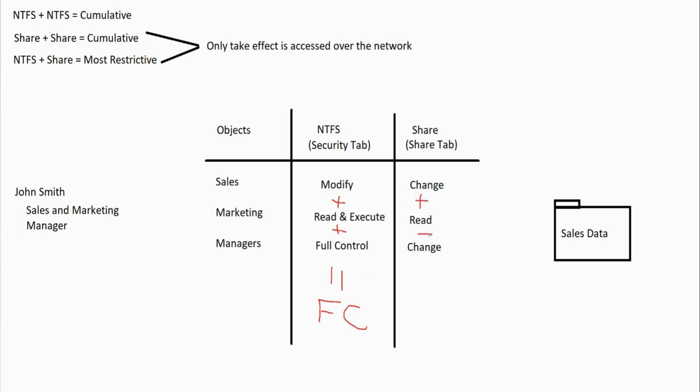Okay, change plus read plus change is change. Aha. Now do the last one. NTFS plus share. So full control plus change equals change. That's the most restrictive one, and there is your answer. So that would be the effective permissions for John Smith if he's accessing it across the network. Now, if he was accessing it locally and he wasn't going through the share, he'd have full control.